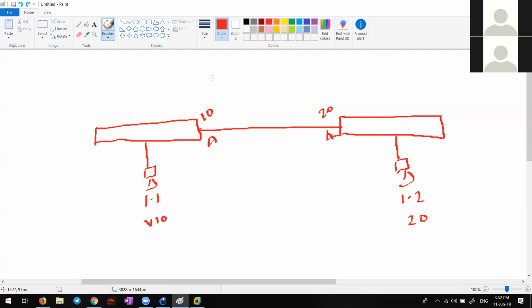Understood? Done? All of you? So if both are the same VLAN, then it won't communicate. If all are VLAN 10, yes, then they will communicate. Fine?